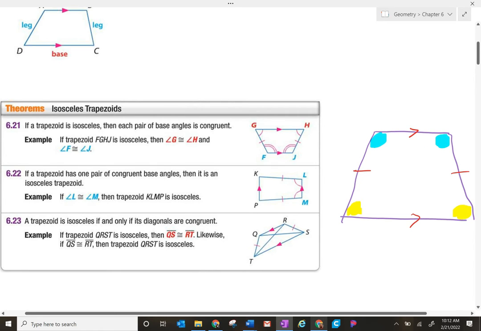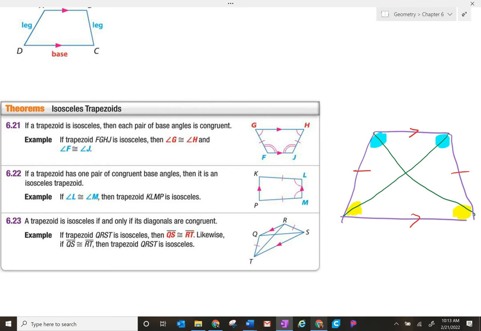This angle and this angle will be exactly the same. And the very last rule that goes along with isosceles trapezoids is that each one of these diagonal lines going all the way through will be the exact same length as well. So this entire diagonal line here and here will be the exact same length.